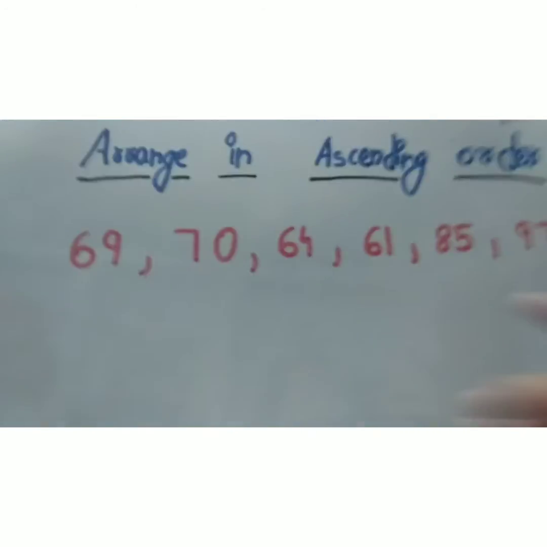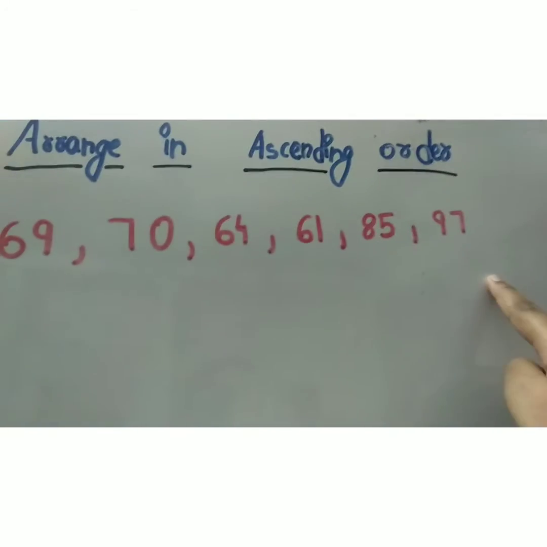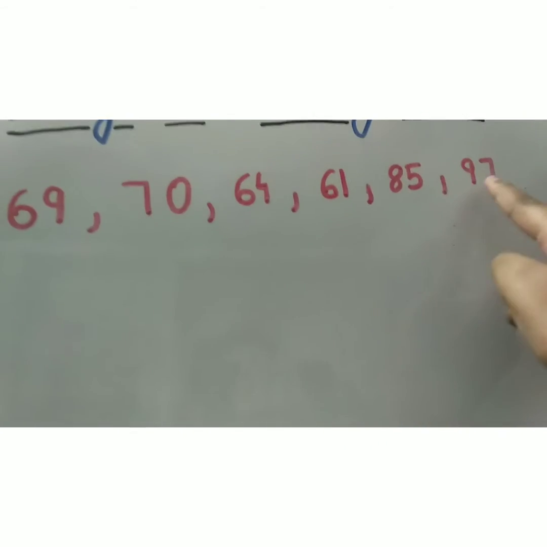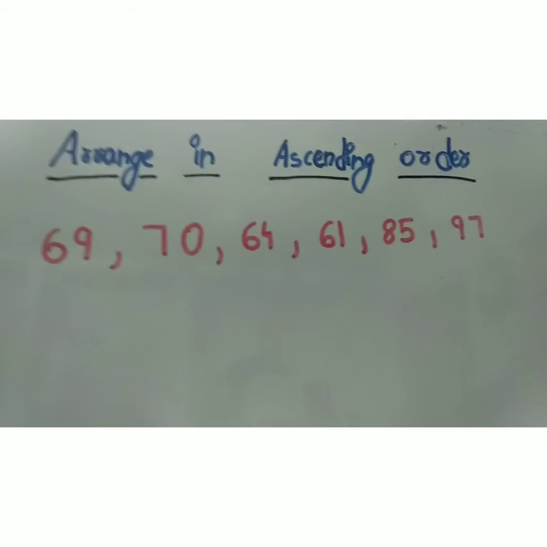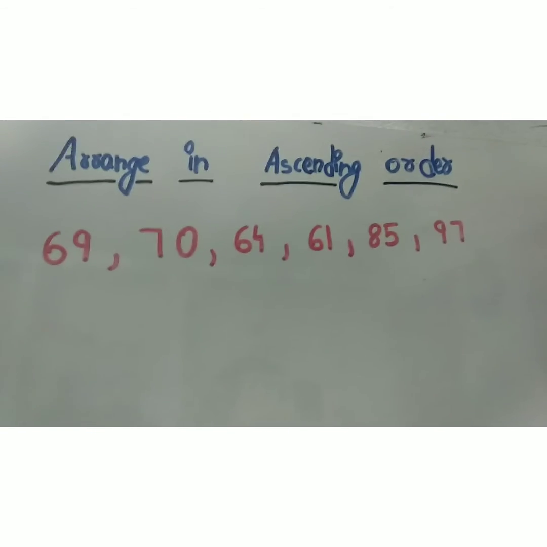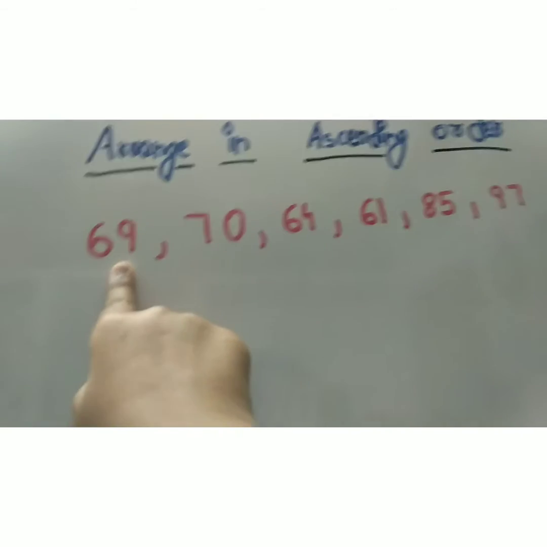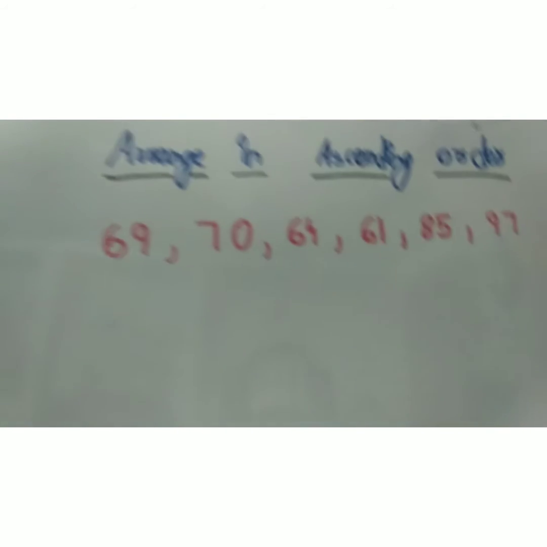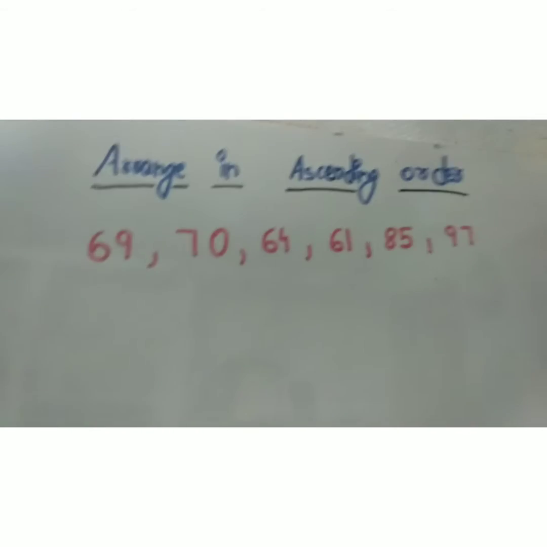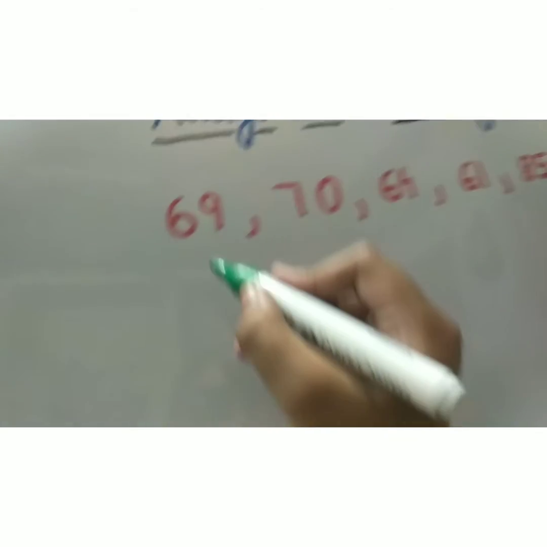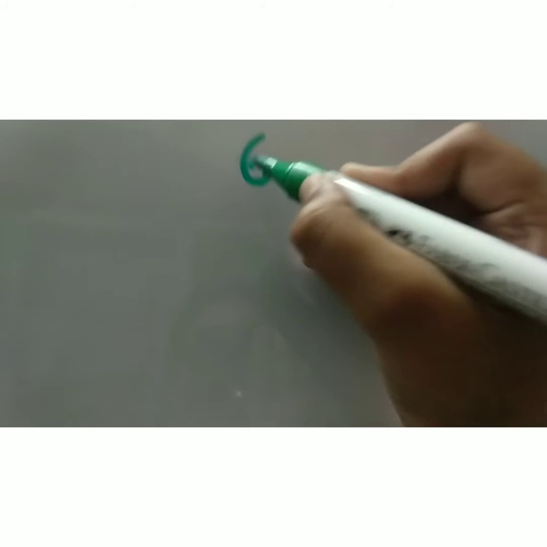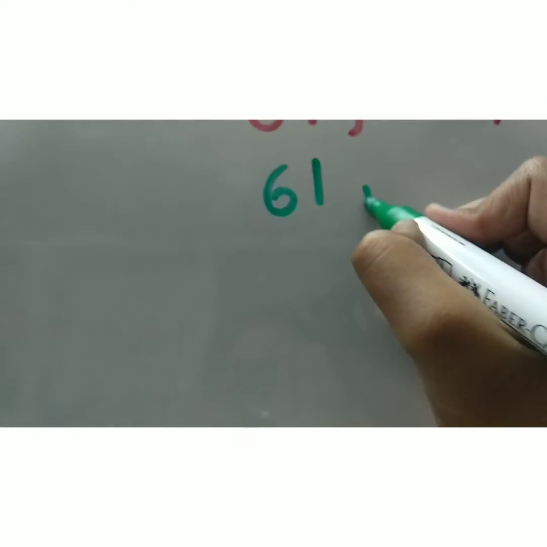Tell me students, which is the smallest number? 97? No. 69? No. Yes. 61. 61 is the smallest number.